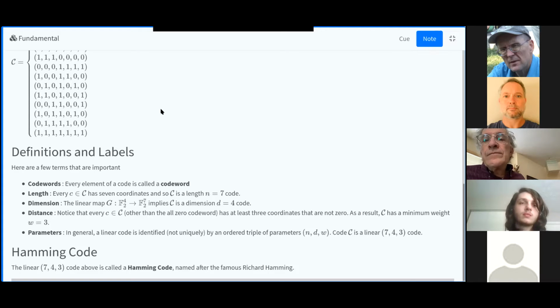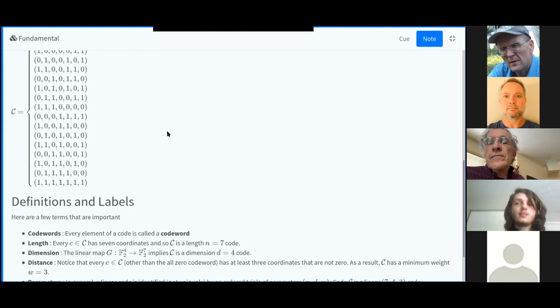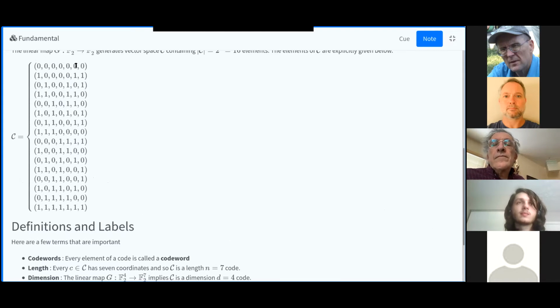The linear map, G, transforms it. It's basically an injective map with the 4 coordinates, so that means the dimension is 4. And the distance: notice that every code word in that set, other than the initial 0, has at least 3 non-zero coordinates.